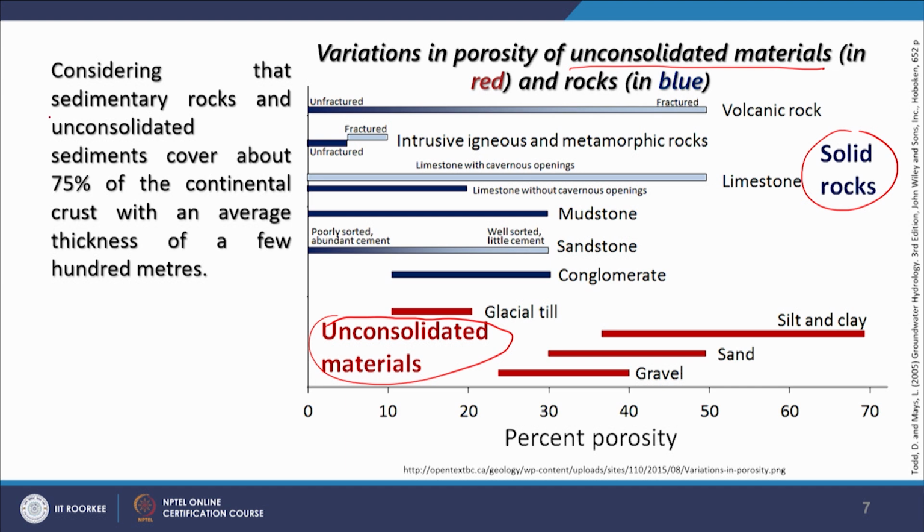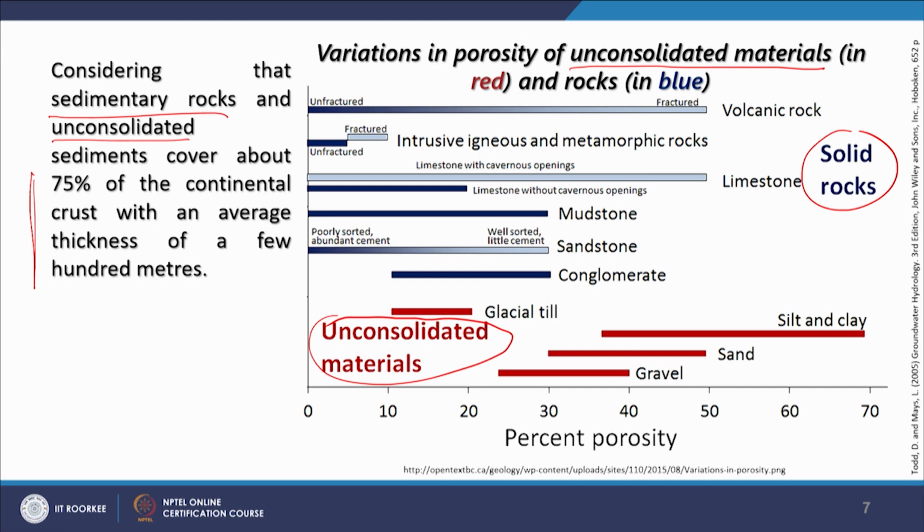So, this is a comparison between sedimentary rocks and unconsolidated sediments, which cover over 75% of the continental crust with an average thickness of a few hundred meters. But this is for the entire globe.